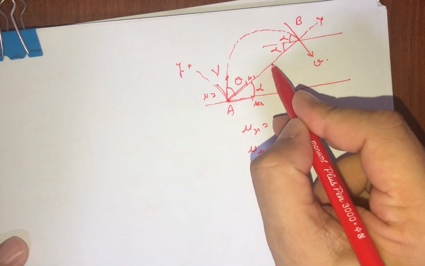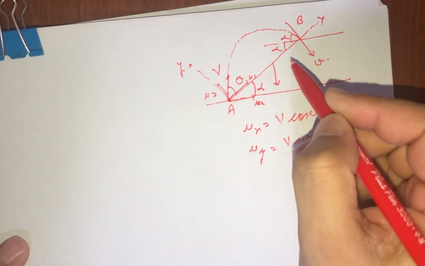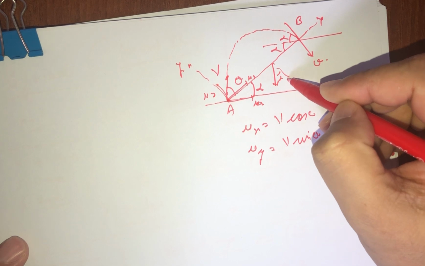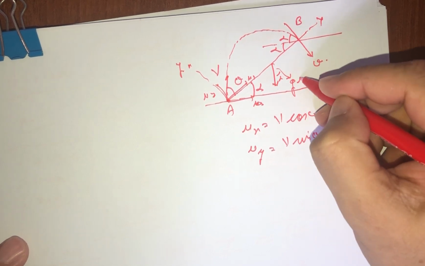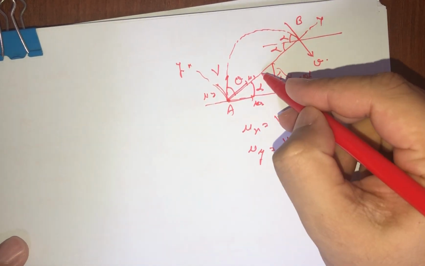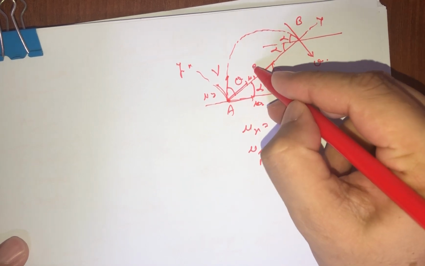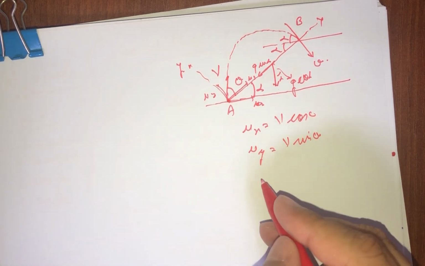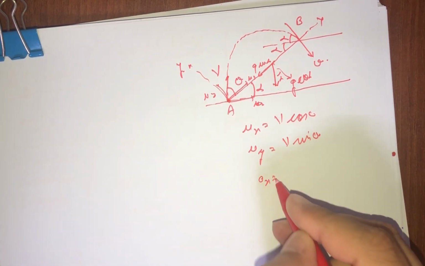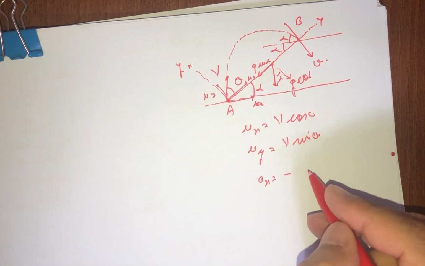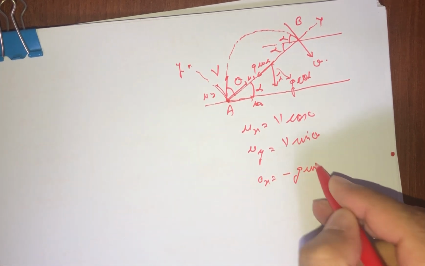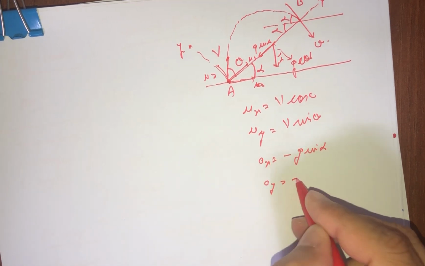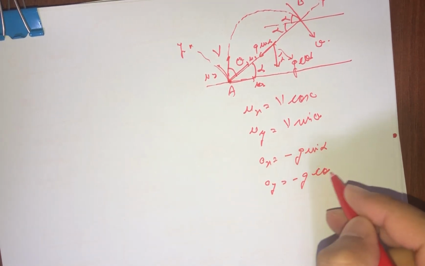And g will be acting vertically downward, so it can also be divided into two components. This angle will be alpha, so this component will be g cos alpha and this component will be g sin alpha. So we can say that in x direction it will be minus g sin alpha, and in y direction it will be minus g cos alpha.